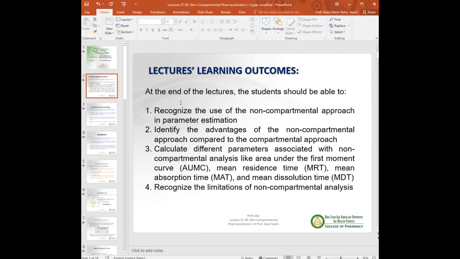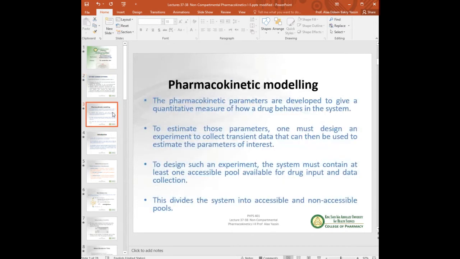This is the situation in the compartmental approach, and you are familiar with this and know how to use the compartmental model. While in the non-compartmental approach, we apply a different principle.